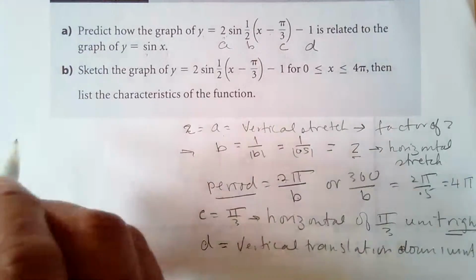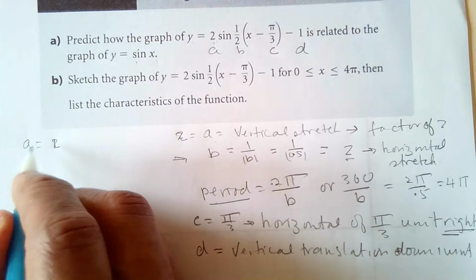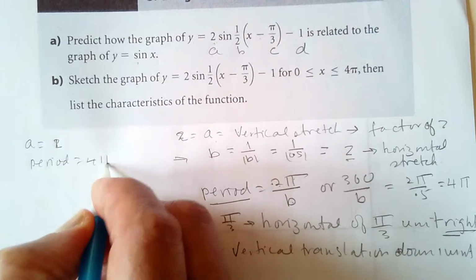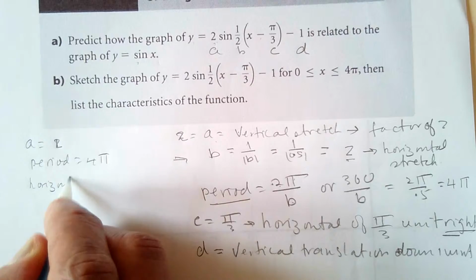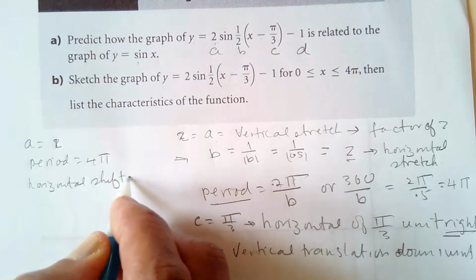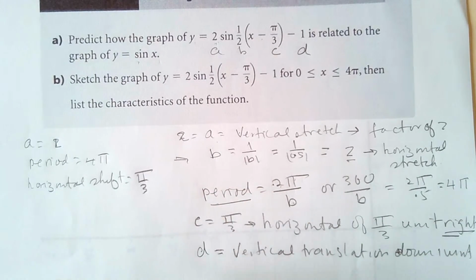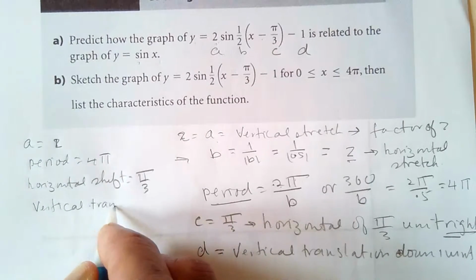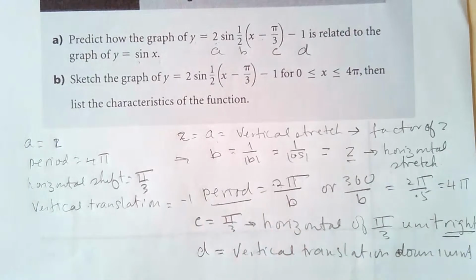If you want to write it in a different way: amplitude is equal to 2, your period is equal to 4 pi, your horizontal shift is equal to pi over 3, and the vertical translation is equal to -1. So we're going to use all of this now to do our sketch.